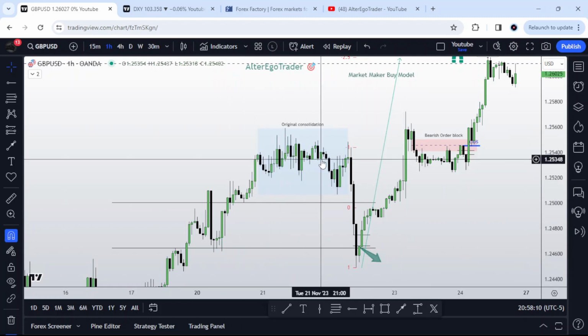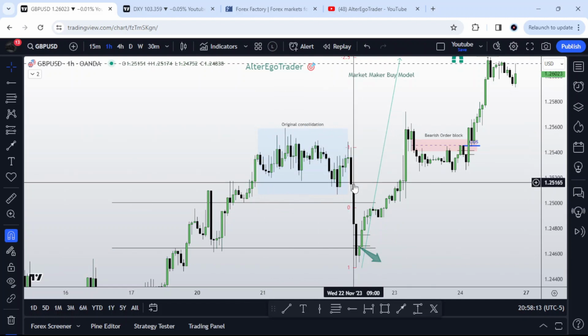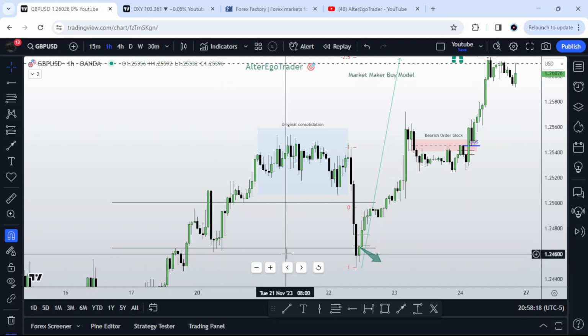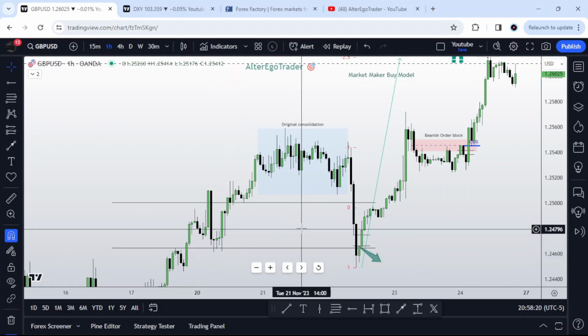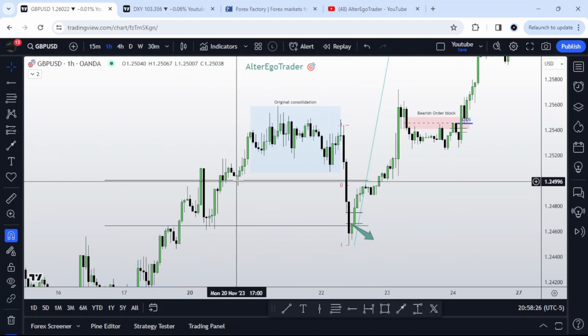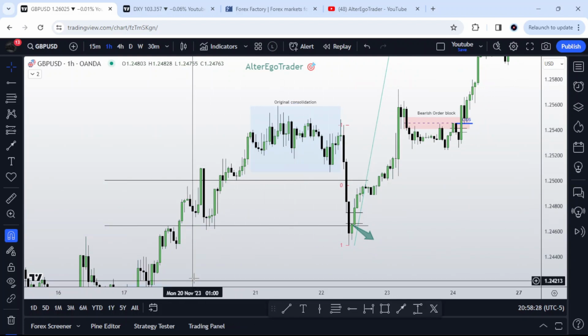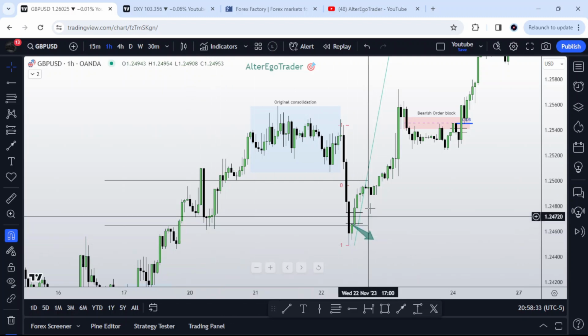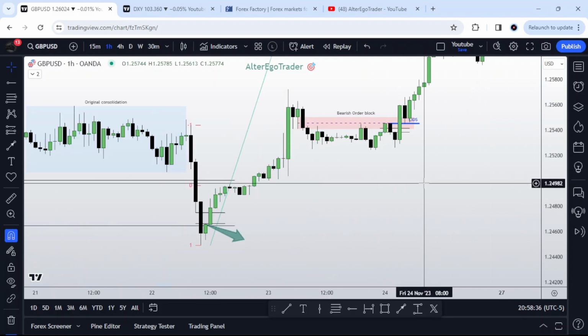So price was consolidating, then dropped lower sharply on Wednesday. It ran sell stops, because whoever was buying must have put their stops below old lows. Their stops got run and price reversed. So what did I do?